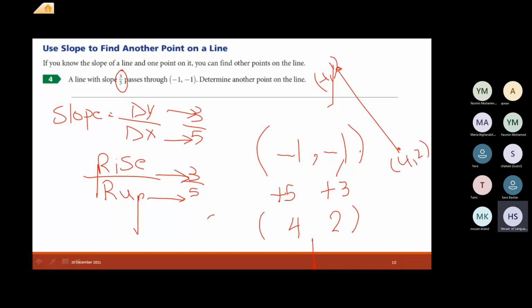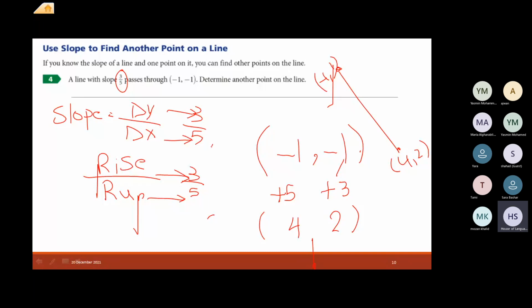If you want to check that your answer is correct or not, what you have to do? 2 minus -1, 3. 4 minus -1, 5. So my answer is correct.